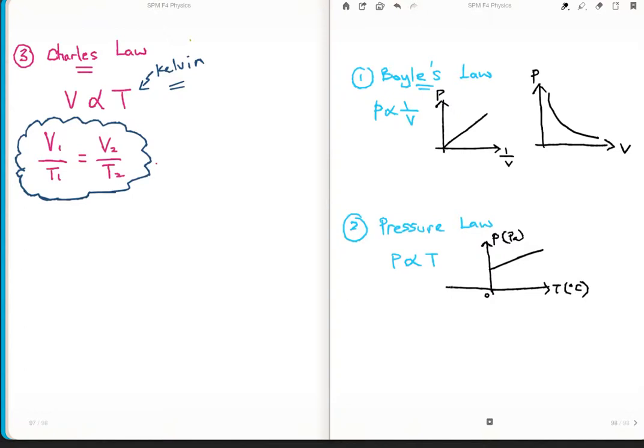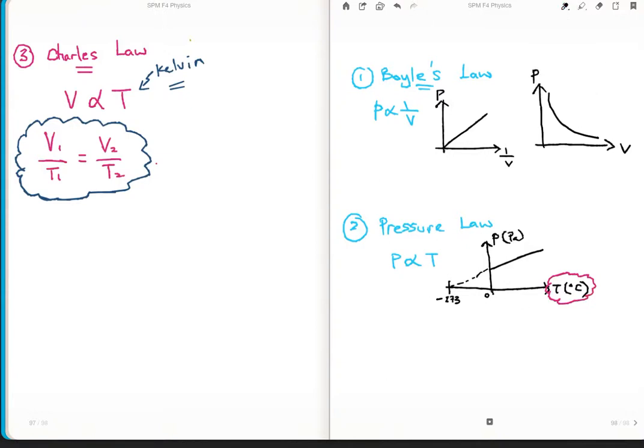Extrapolate this line. This number should be -273. This is the tricky part. The important thing is you look at what the unit is here. If it were Celsius, then be sure you extrapolate it.